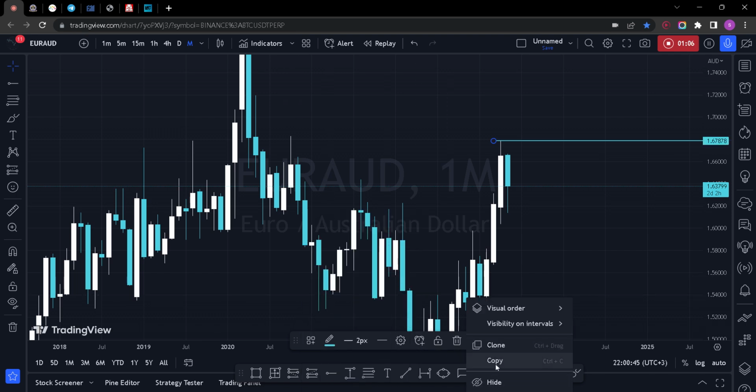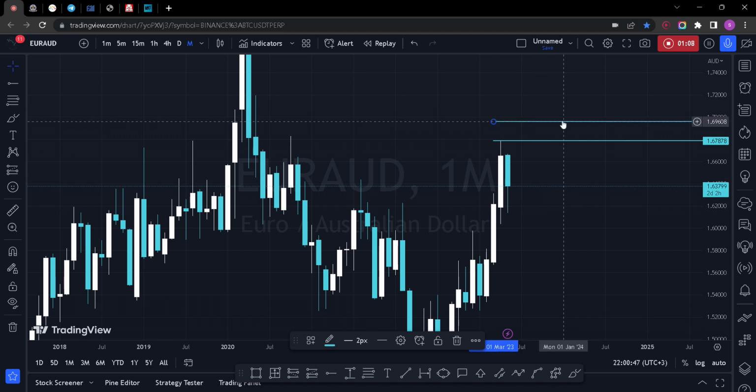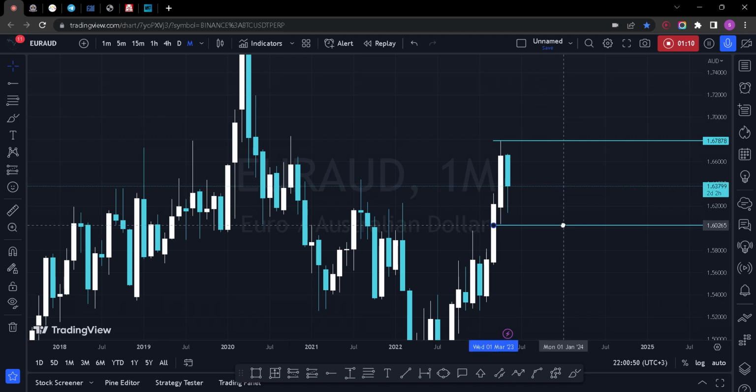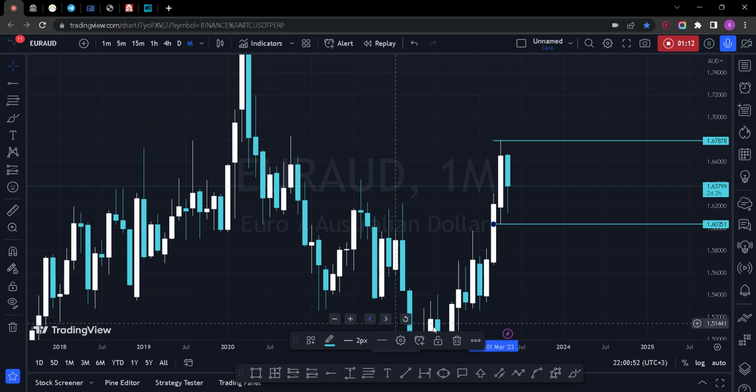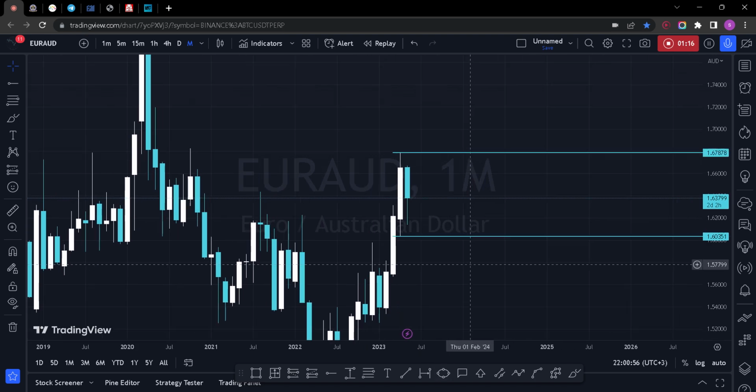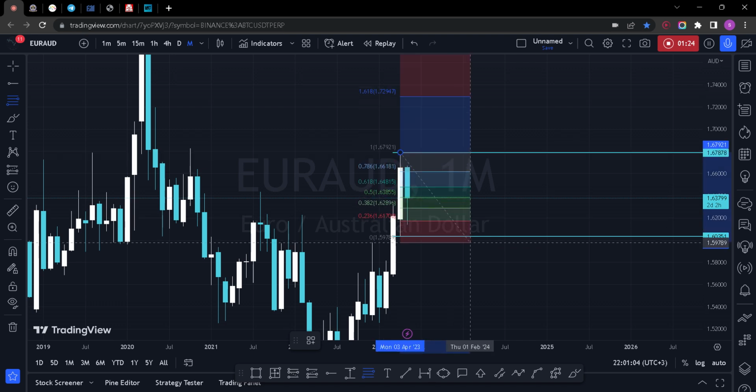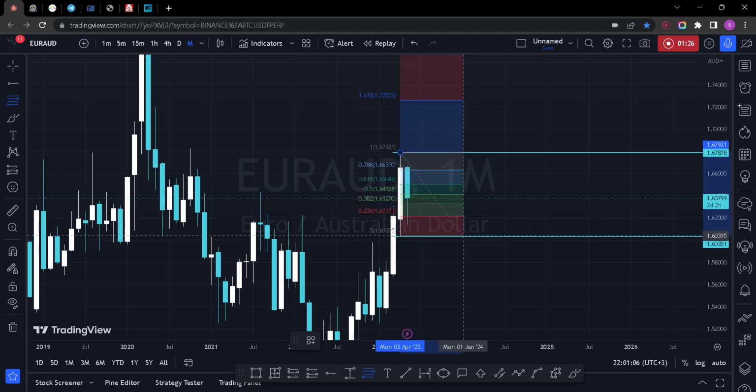So what I like to do is to draw the range of last month's high. However, we're approaching the close of the month, but before price actually takes direction, I'm just going to use the previous month.